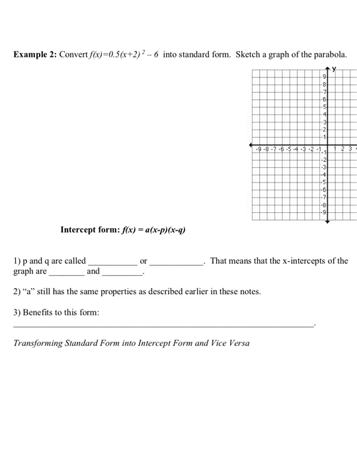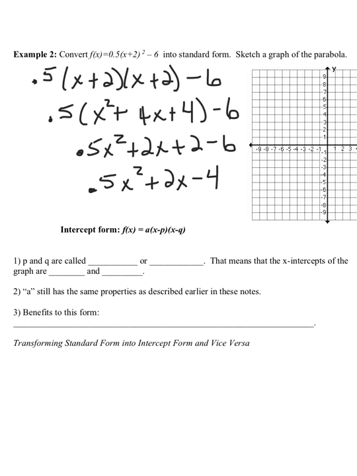All right, in example 2, we're going to convert from vertex form to standard form. So we're going to do sort of what we just did, but in reverse. All right, so not quite so many steps this time. I've taken the x plus 2 squared part right here and broken it down into its 2 binomials.